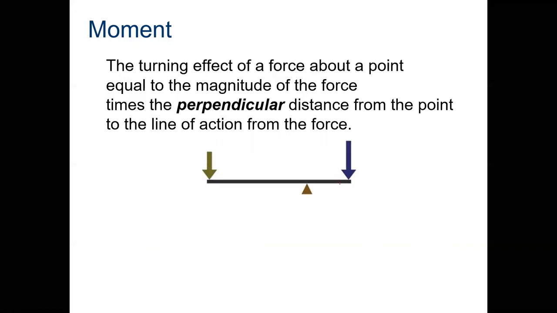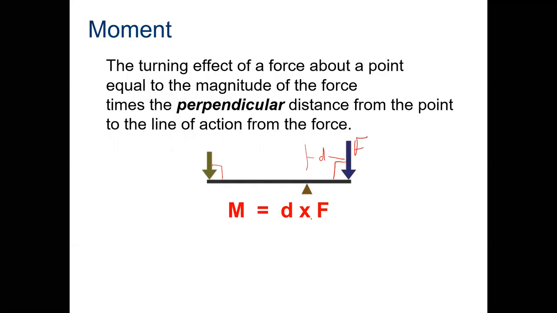My lever arm is acting horizontally. This force is exactly perpendicular, as is this force, and the fulcrum is here. So let's say that this is a distance d, this is a force F, a moment is equal to the distance times the force. That's what they're saying in that little paragraph there.